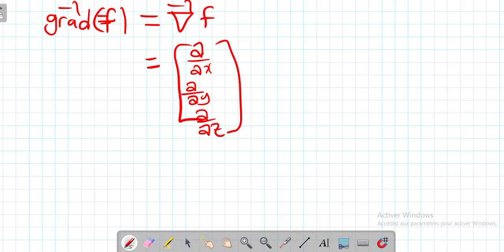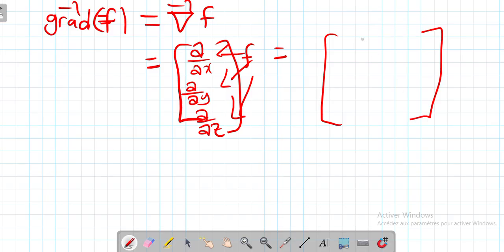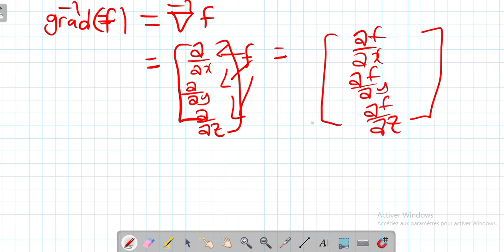Then multiplied by f. According to matrices, when you have a constant outside, you just take it to all the components. So the gradient in the Cartesian coordinate system is del f over del x, del f over del y, then del f over del z. That's it. So you have to find the partial derivative of f with respect to x, y and z. This is why you have to know how to find partial derivatives.